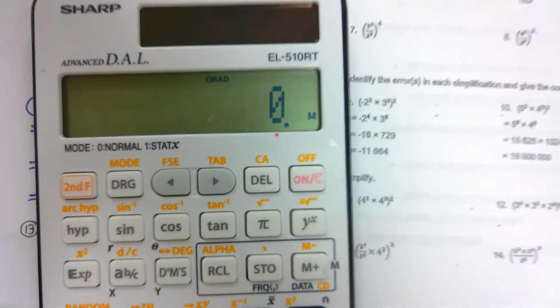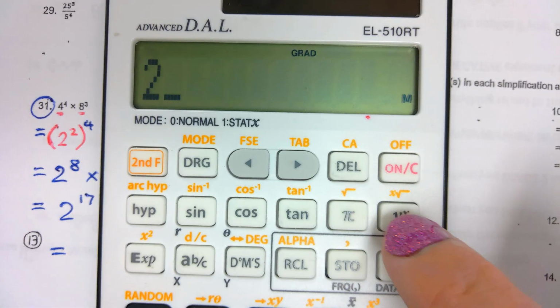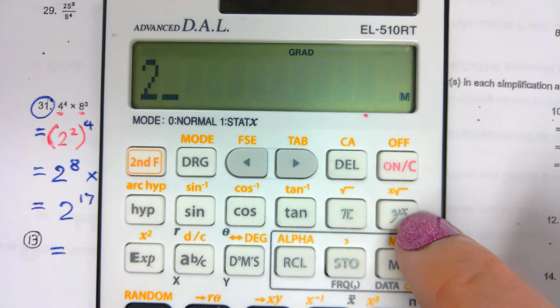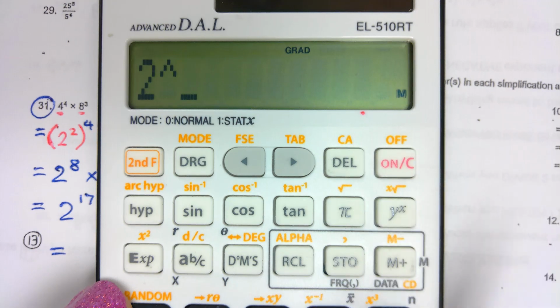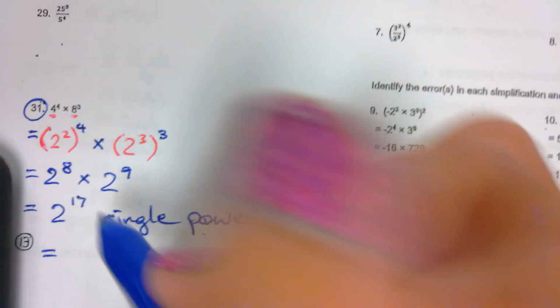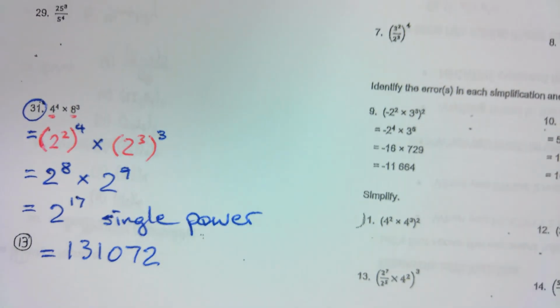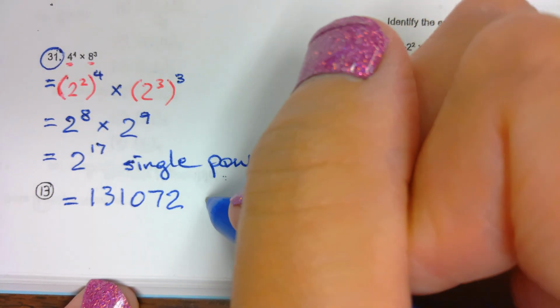Right, so on the calculator, 2, and then exponent. Remember, this is your exponent button, not this one. So 2 to the exponent 17, and I get this as my answer. 131072. Right? This is to evaluate.